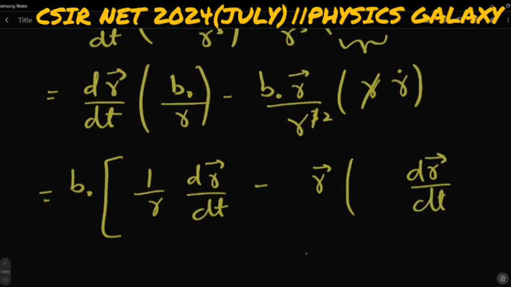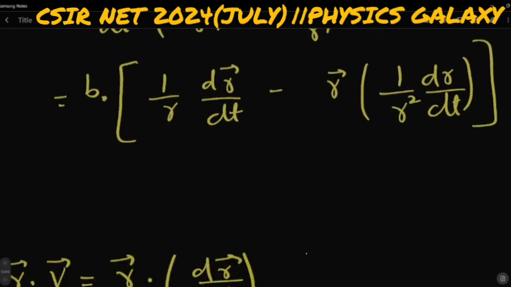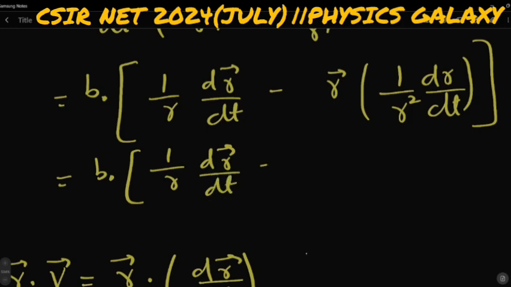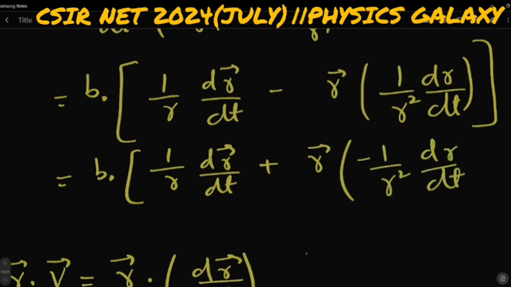Remember, it's not a vector here. It's simply dr by dt times 1 over r square. So this equals B naught times 1 over r dr vector by dt plus r vector times minus 1 over r square dr by dt, right?